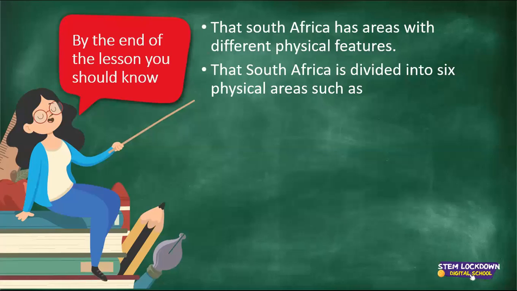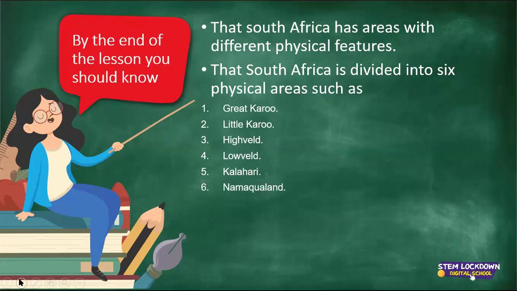You also learned that South Africa is divided into 6 physical areas, such as the Great Karoo, the Little Karoo, the High Veld, the Low Veld, Kalahari, and number 6, we have the Namaqualand.